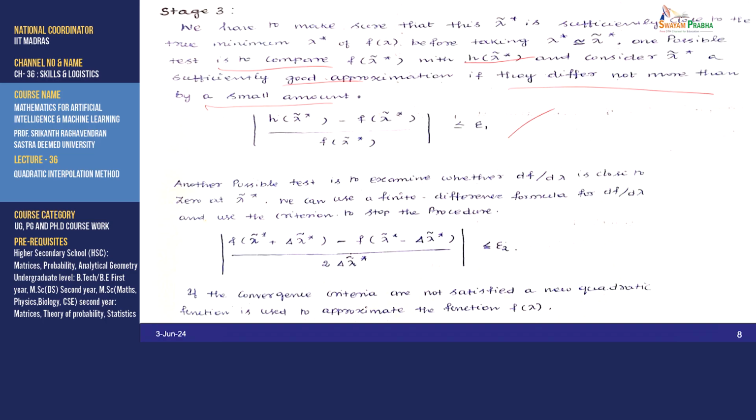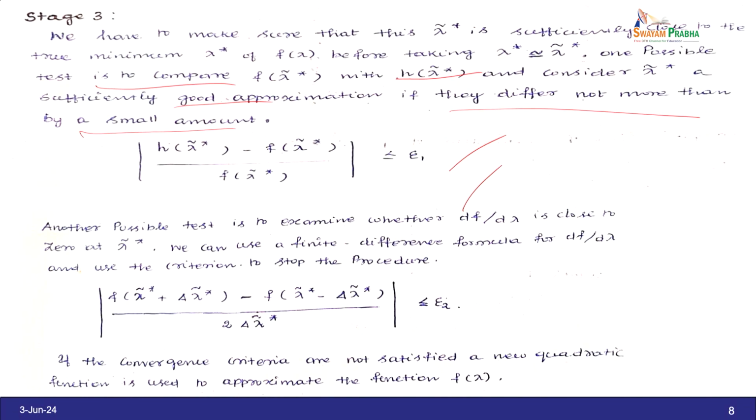Another possible test is to examine whether df by d lambda is close to 0 at lambda star. So, we can use a finite difference formula for df by d lambda and use the criterion to stop the procedure: f of lambda star plus delta lambda star, minus f of lambda star minus delta lambda star, divided by 2 delta lambda star, is less than or equal to epsilon 2.